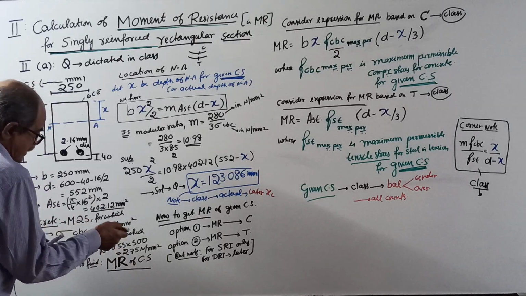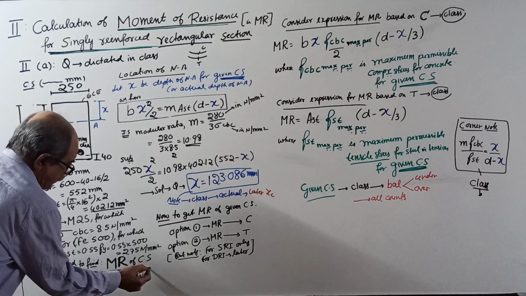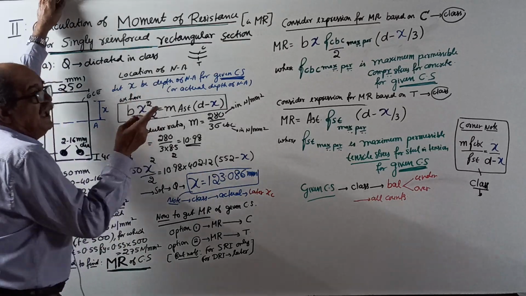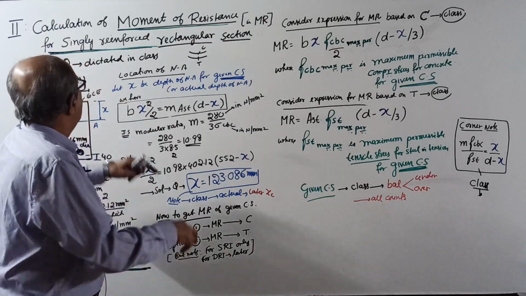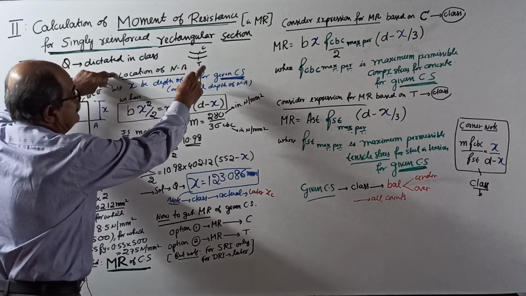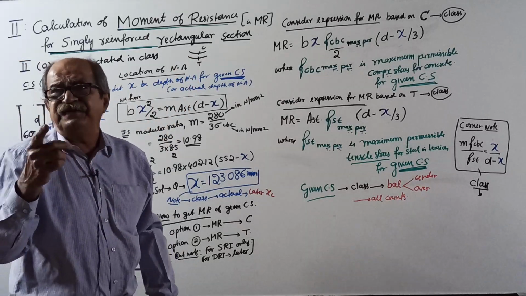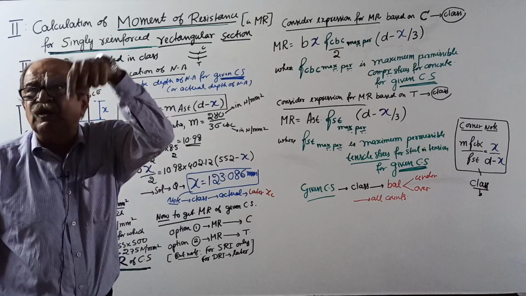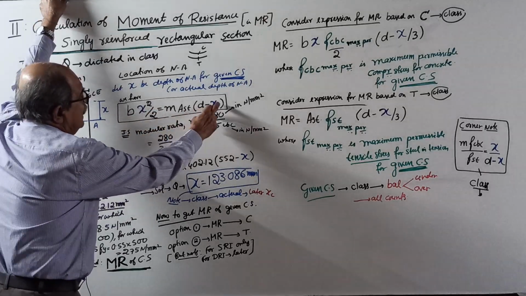Required to find, in the green color, the moment of resistance of the cross section. Okay, start. First step: I already gave the steps in class number 1, part 1. Locate the neutral axis. Remember, what you are doing is finding the distance of the neutral axis, or depth of neutral axis, from the extreme compression edge for the given cross section. b x square by 2 equals m Ast (d minus x).